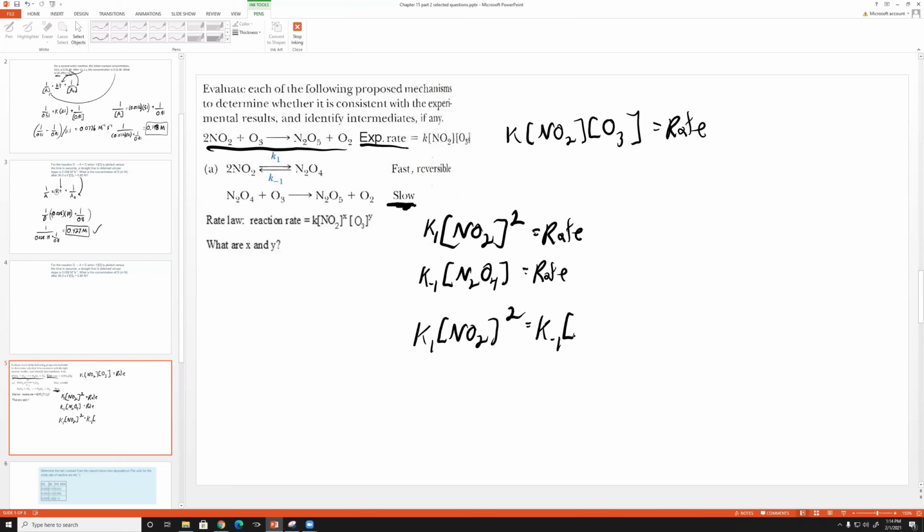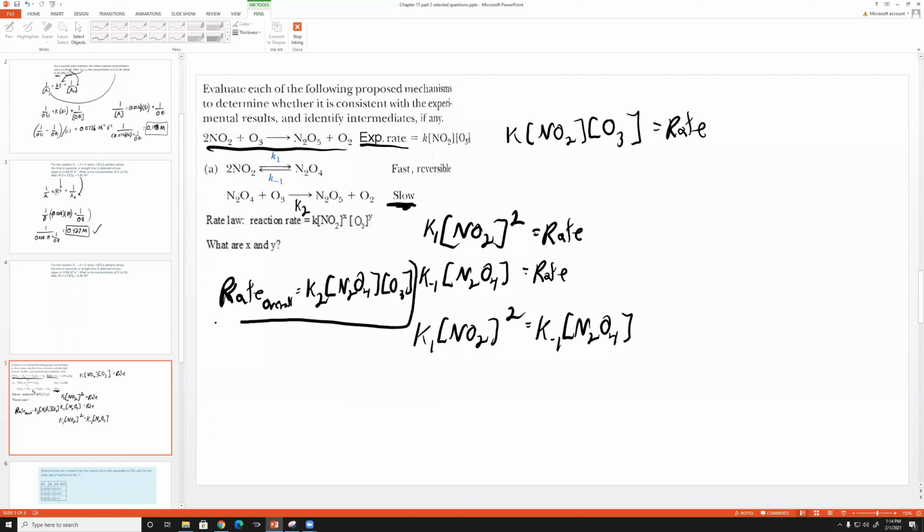All right, now our slow reaction. For our slow reaction, we can determine the molecularity in the forward direction. We can call this k2. We can say that the rate overall equals k2 times N2O4 times O3.